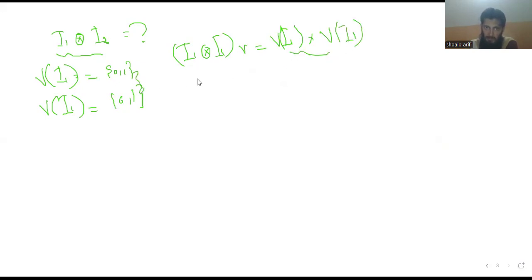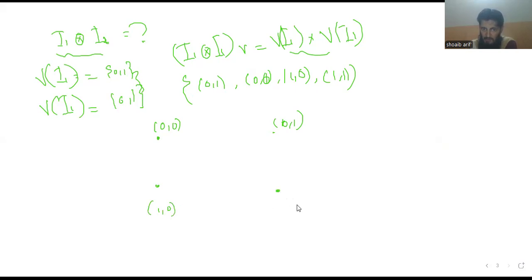So we have 0, 0, then 0, 1, then 1, 0, and the last ordered pair is 1, 1. We have four vertices.